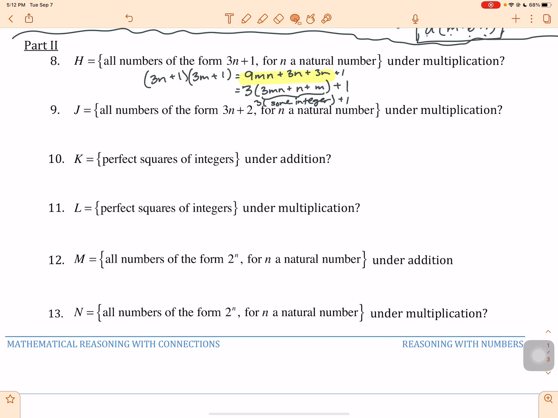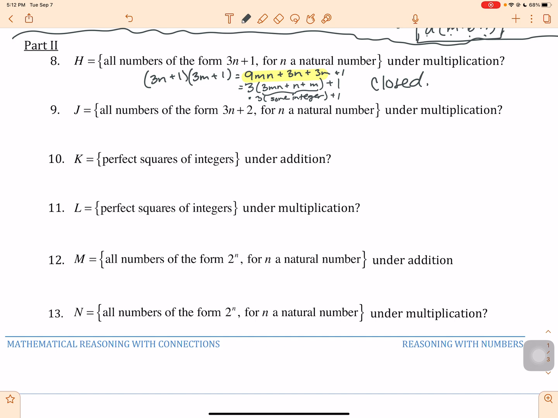So really you just have to make sure that they're only the positive integers, right? Your natural numbers are your counting numbers. So multiplying them together, you would still get an integer. It would be a positive integer. So this shows that it is closed under multiplication. We get some other 3 times some number plus 1. So that one is closed.